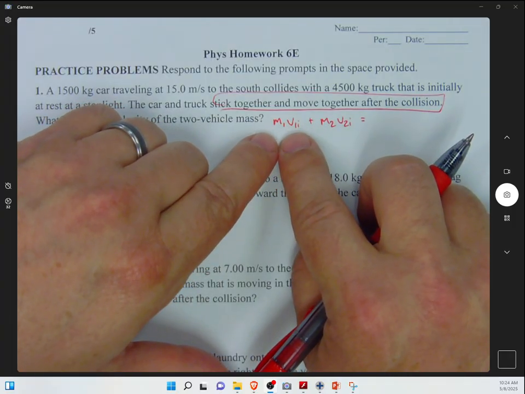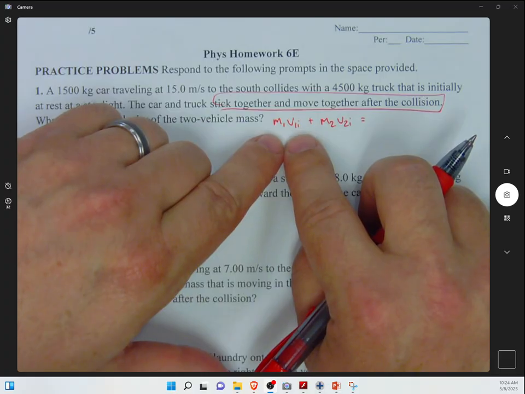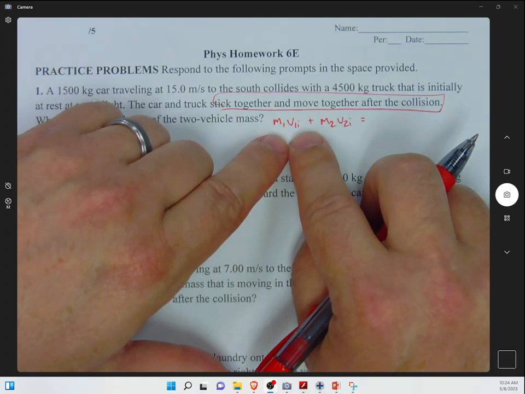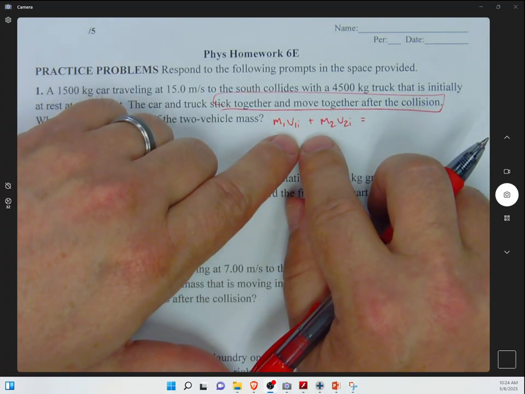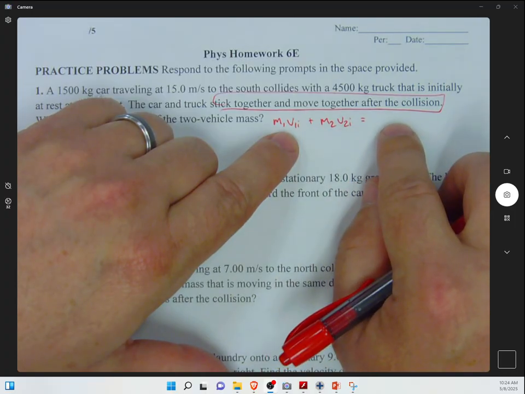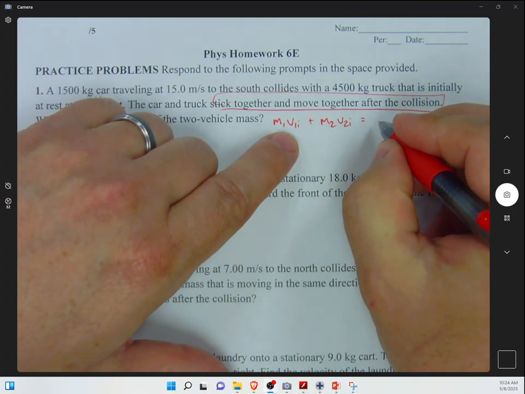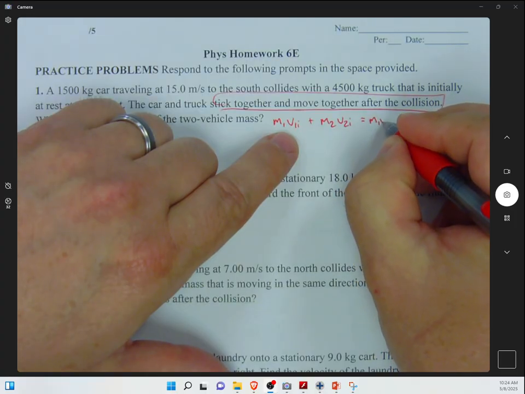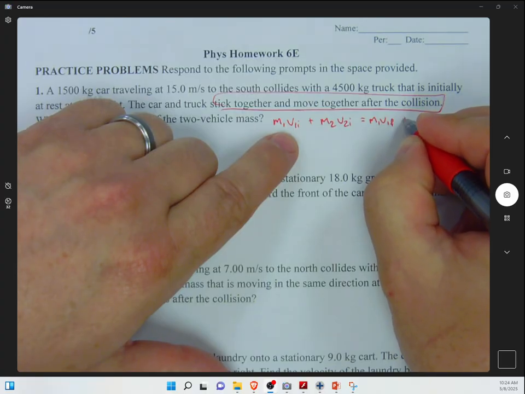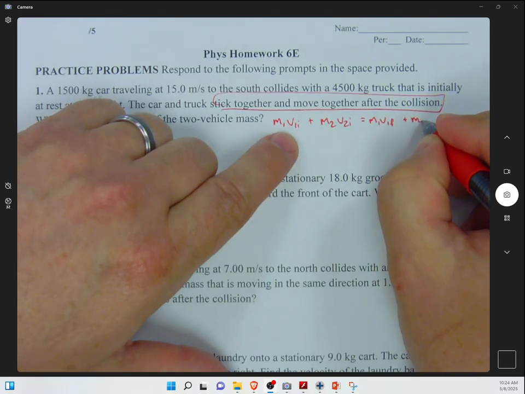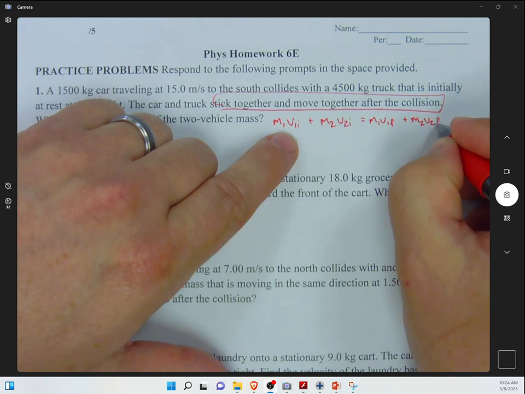Now, I could write this, but have M1 V1 final. I could do that, right? But what I'm going to do here is I'm going to factor out, I guess I'll just write it, M1 V1 final, M2 V2 final.